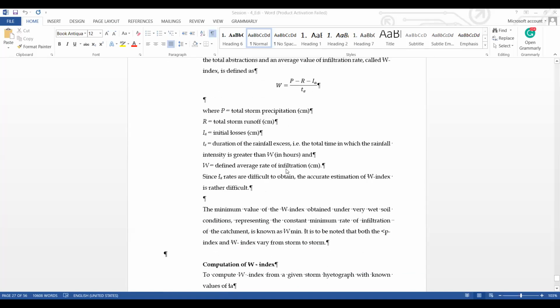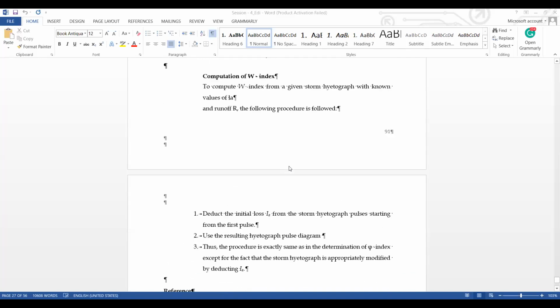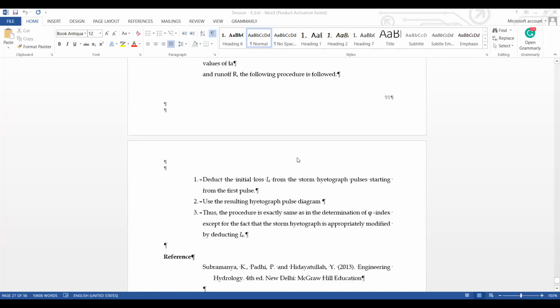To compute W index from a given storm hydrograph with a known value of IA, that's the initial loss, and the runoff R, the following procedure is followed.